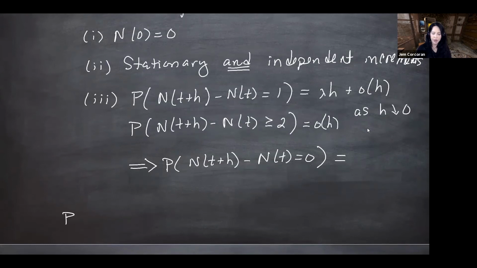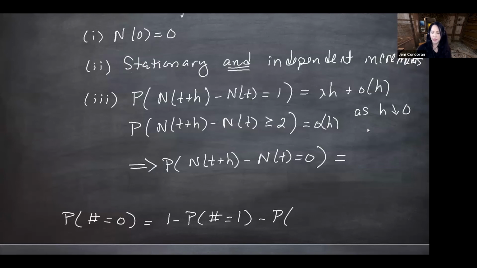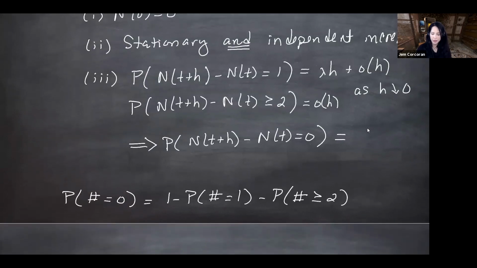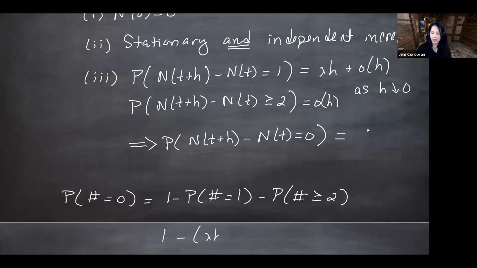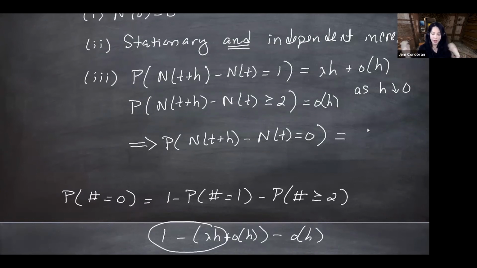So I want to say the probability that this number of arrivals is 0, just being a little sloppy down here, is 1 minus the probability this number of arrivals is 1 minus the probability that the number of arrivals is greater than or equal to 2. And so that is 1 minus lambda h plus little o of h minus little o of h. And so I get 1 minus lambda h, and the rest of the stuff combines into just a little o of h.